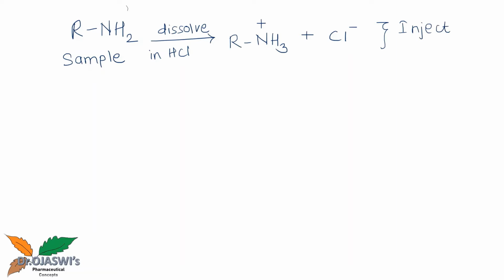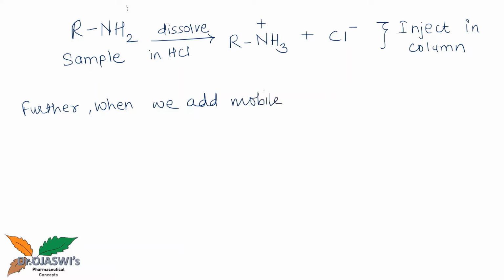Now how is this mobile phase different in ion pair chromatography? As we have seen in the earlier slide, in ion pair chromatography we add a pairing agent to the mobile phase. If the sample ions are positively charged, the pairing agent will be negatively charged, and if the sample ions are negatively charged, the pairing agent will be positively charged.